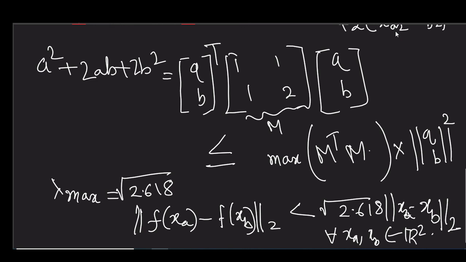So the present matrix is also positive definite, but for this structure we can gradually get a positive semi-definite matrix also.